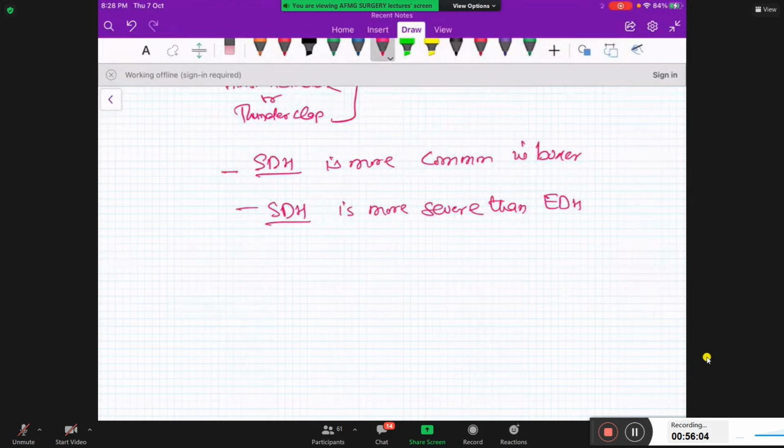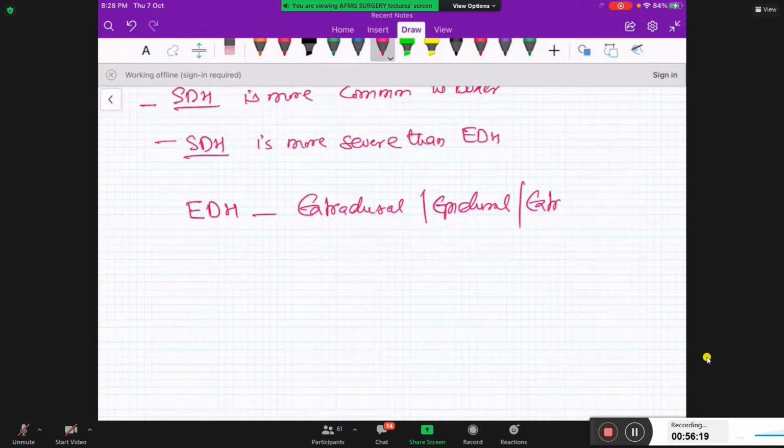Then comes EDH, which is also called extradural or epidural or extra-axial hematoma.